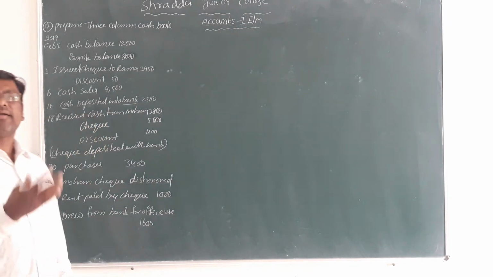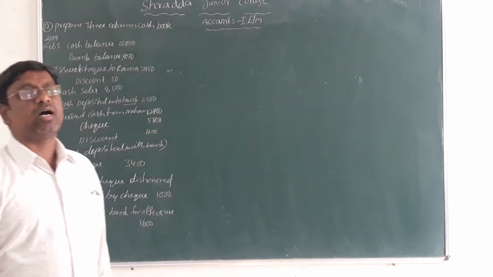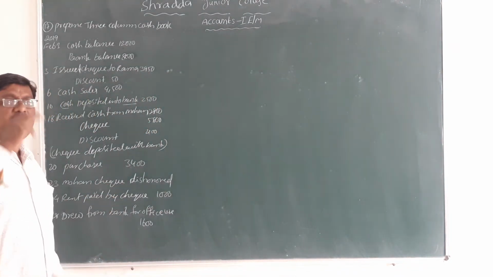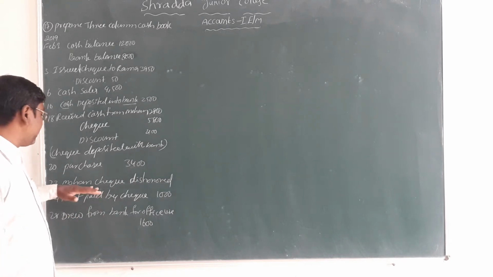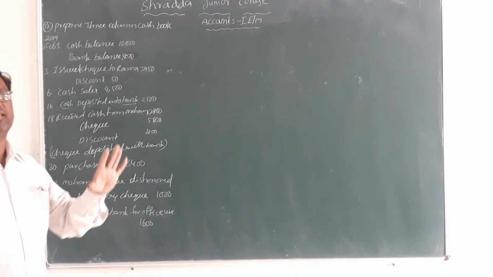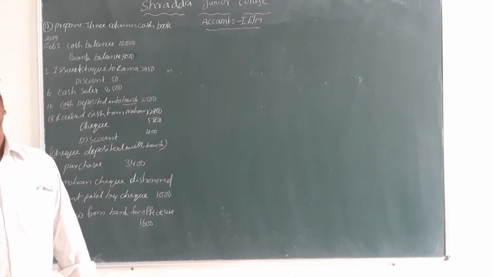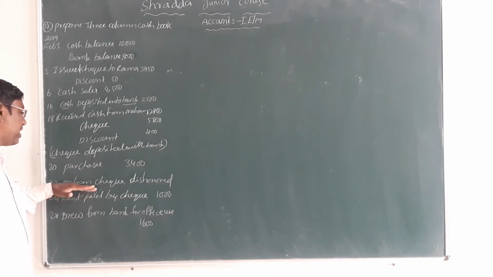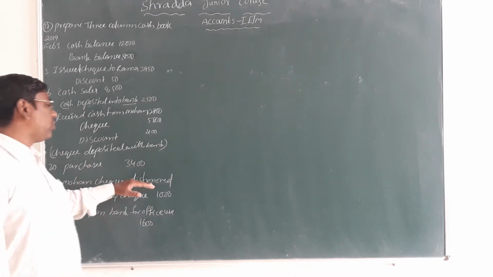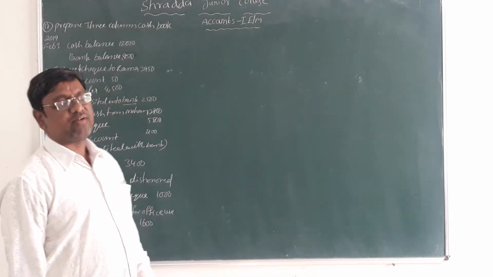Now they had no amount, the check failed. So Mohan's check is dishonored and failed. He can give one more check after some time. That's why here Mohan's check dishonored, and that amount is returned back.